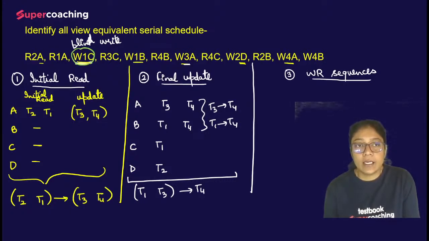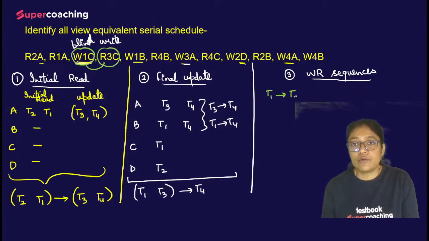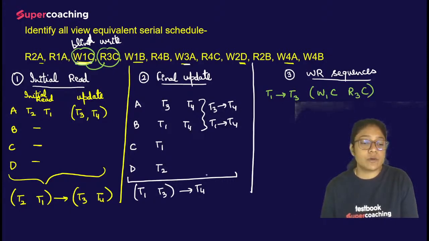Check: is there any read operation? Yes, this is the WR sequence. On the same data item, write and read operation. So this is returning T1 to T3 on the basis of W1C and R3. See, you need not write this. This is just for your reference क्योंकि ये first question है जिसमें WR sequences are in.